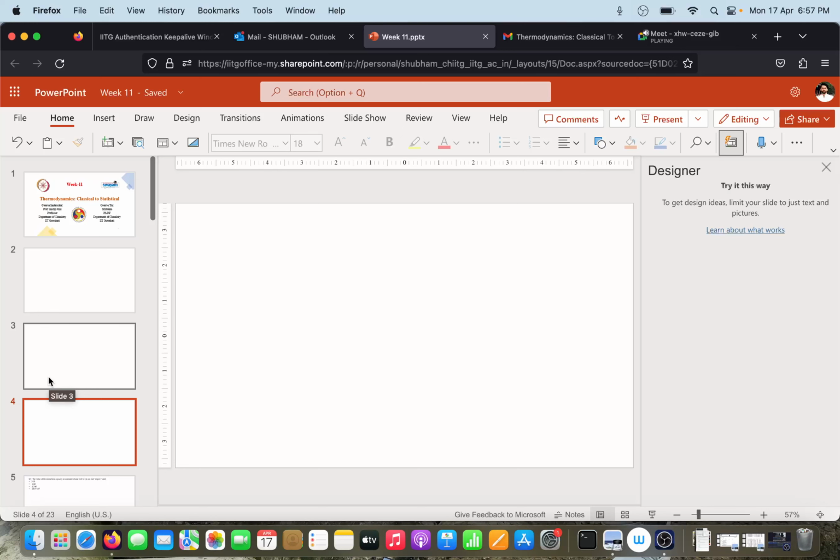So for n moles, Cp is equal to n Cpm. All the values are given, so we can calculate it. Number of moles is not given, but it is water. Molar mass is 18. So number of moles is mass upon molar mass, that is 72 upon 18, that is 4.